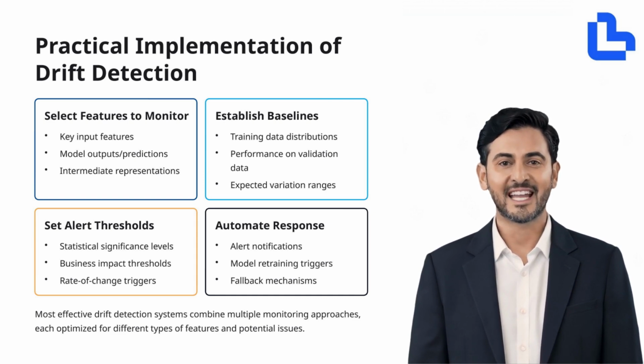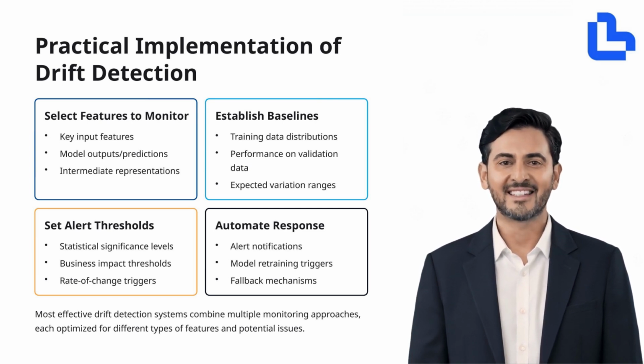Next, you need to establish baselines. These come from your training and validation datasets. You'll want to capture the distributions of your features, the performance metrics during validation, and the expected ranges of variation. These baselines serve as your reference point for detecting change. Then, it's time to set alert thresholds.